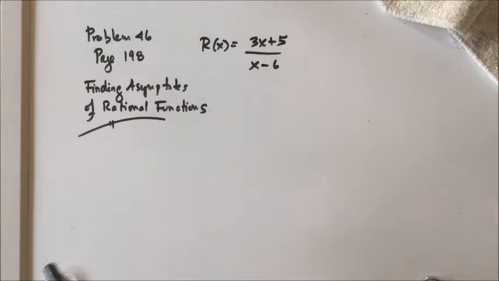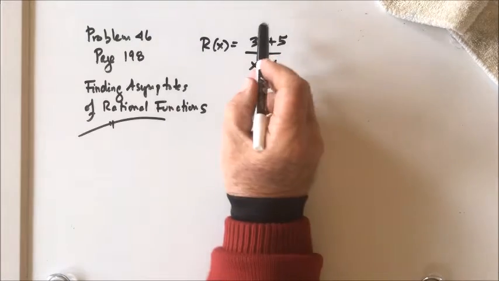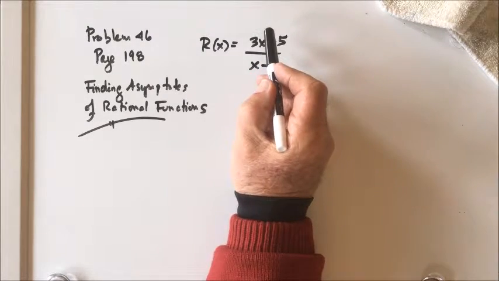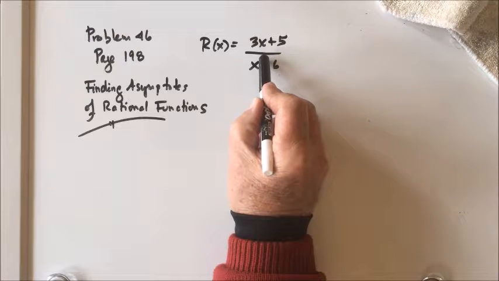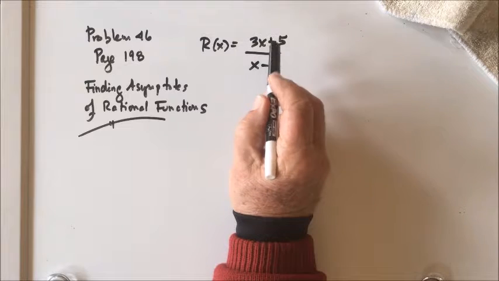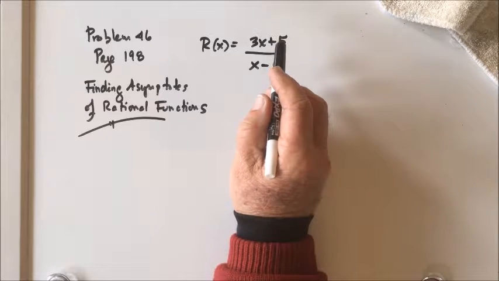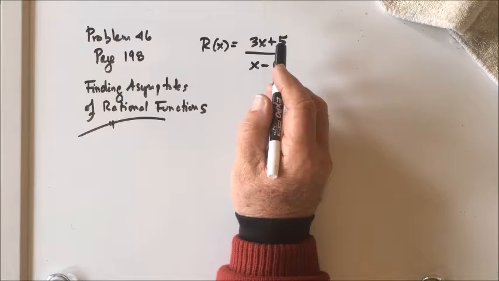I'm going to read the very first rule, which says that if n, the degree up here, which is 1, is less than m, the degree of the polynomial in the denominator, then the line y equals 0 is a horizontal asymptote.